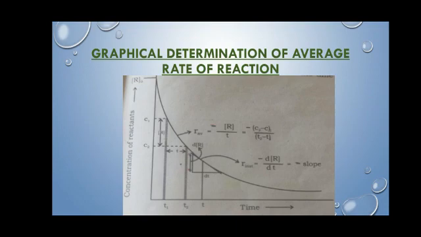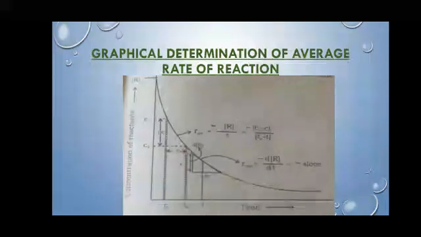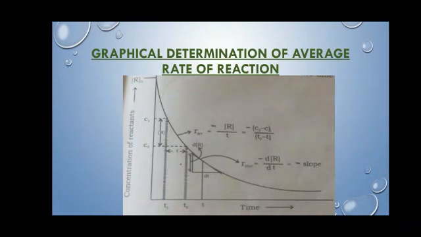The mathematical expression for average rate of reaction is R_av equals minus delta R upon delta t. R is kept in square brackets, that means the molar concentration of the reactant, which can be substituted by writing C2 minus C1, and in place of t we can write the interval of time, that is T2 minus T1.